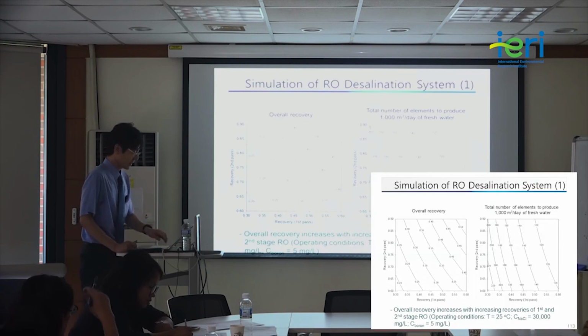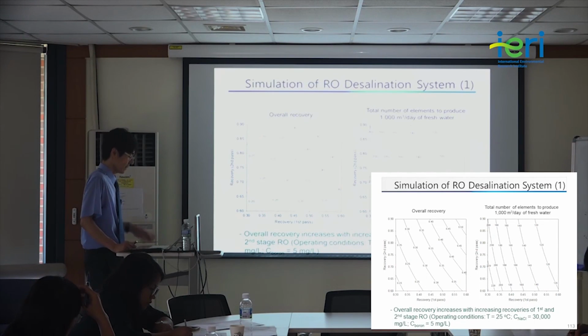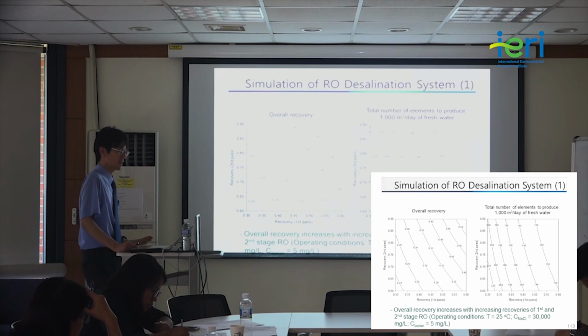Okay, that's the result that I want to explain here with some time. Since we have 2 reverse osmosis systems, what we were interested in was the effect of recovery on the whole plant performance.